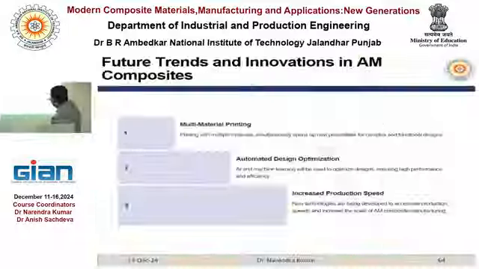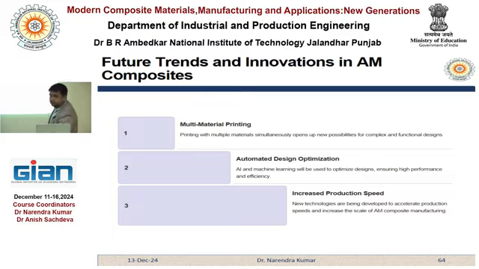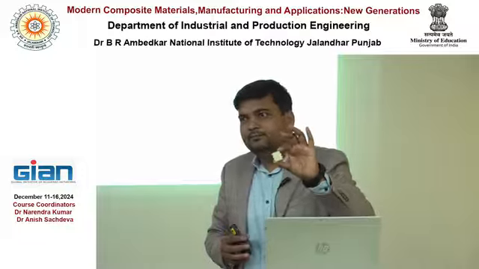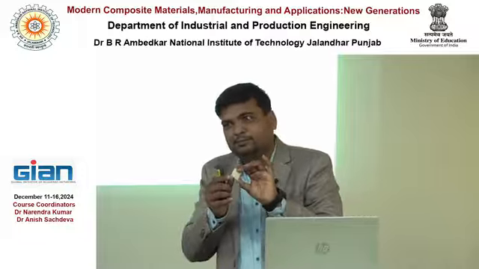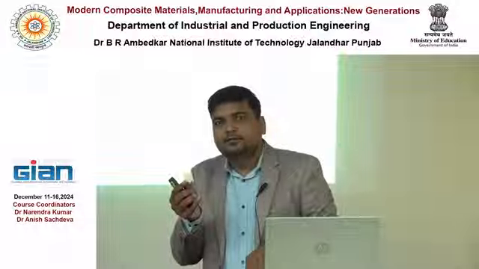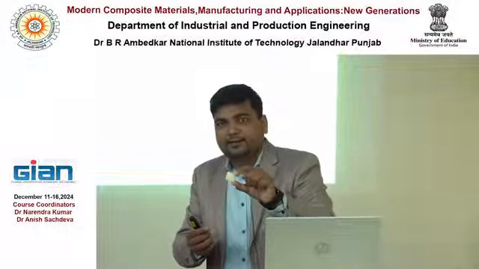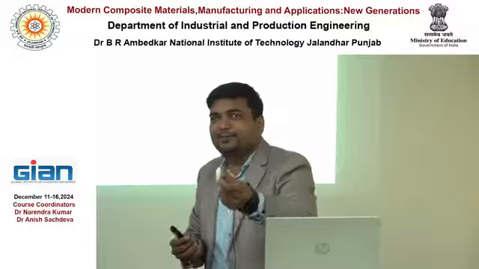Similarly, increased production speed. Still speed is slow, because as I told you, if you make a small part, this much small, it will take around 30 minutes or 1 hour. But with injection molding, the machine will take only 1 or 2 seconds.